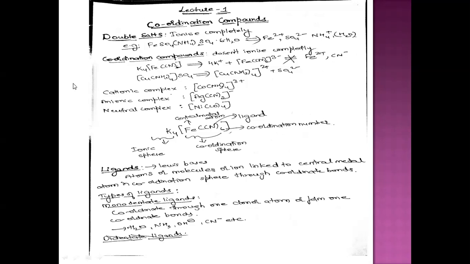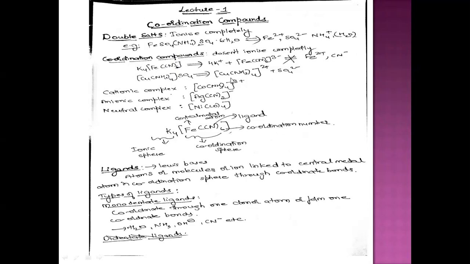When a coordination compound is dissolved in a solution, for example, if you take potassium ferricyanide, the common name of this compound, you have iron in it, you have cyanide ion in it, you have potassium ion in it. When this compound is dissolved in the solution, what happens here?